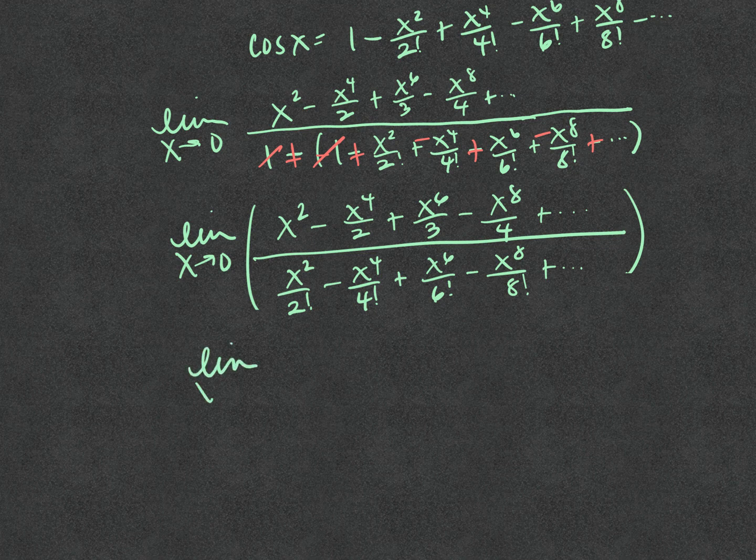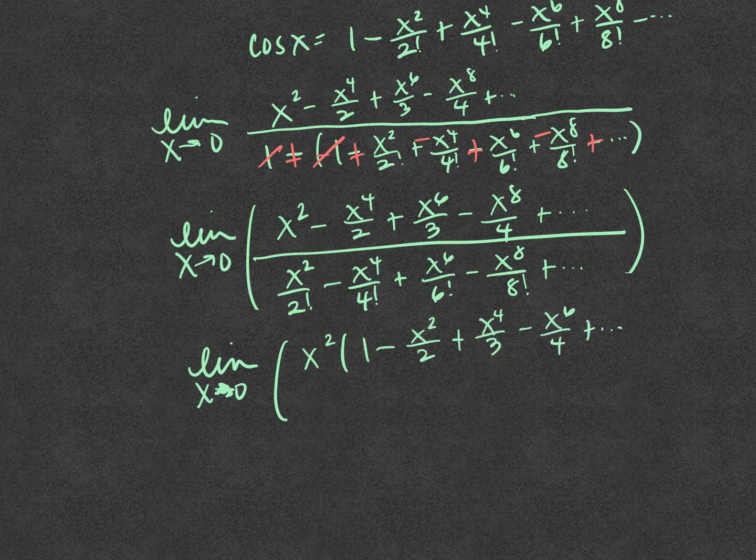So let's say the limit as x approaches 0. When I pull out an x squared, on the top I'm going to say x squared, parentheses, 1 minus x squared over 2 plus x to the fourth over 3 minus x to the sixth over 4 plus dot dot dot.